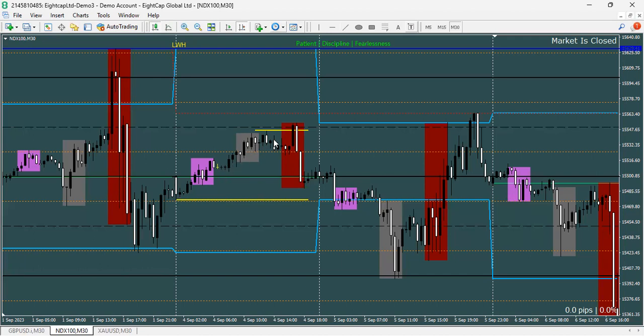Then once the session opens, we still accumulated in at 9:30. It gives us this vertical candle into our high of the day and also rejecting off of the 50 level. So they trigger our high of the day.